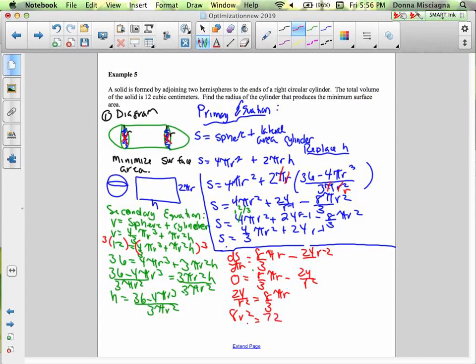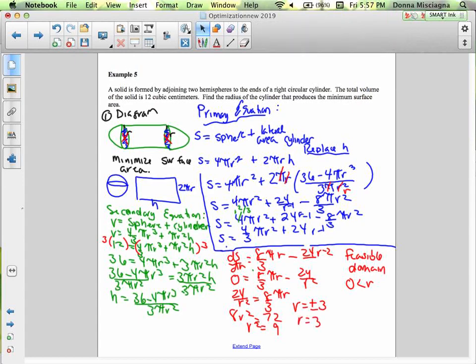Divide both sides by 8. r squared is 9. And so that means r equals positive or negative 3. But remember, we have a feasible domain. It has to be greater than 0. So that means r equals 3.